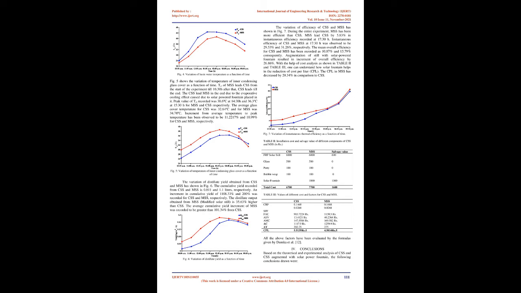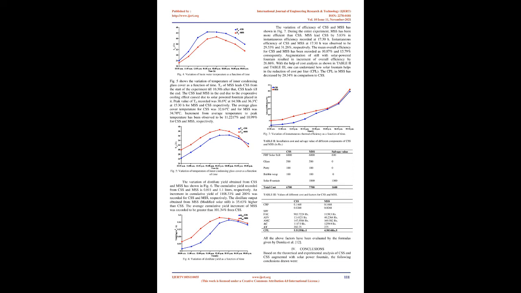Fig 5 shows the variation of temperature of the inner condensing glass cover as a function of time. TCI of MSS leads CSS from the start of the experiment till 1630 H. After that, CSS leads till the end. The CSS leads MSS in the end due to the evaporative cooling effect caused by the solar-powered fountain placed in it.